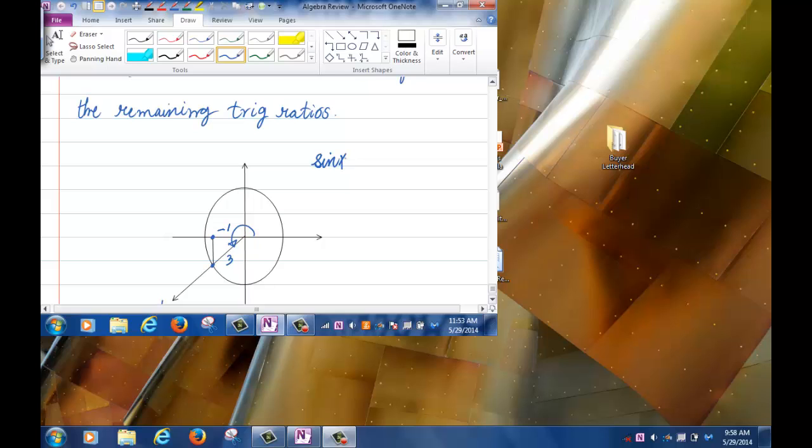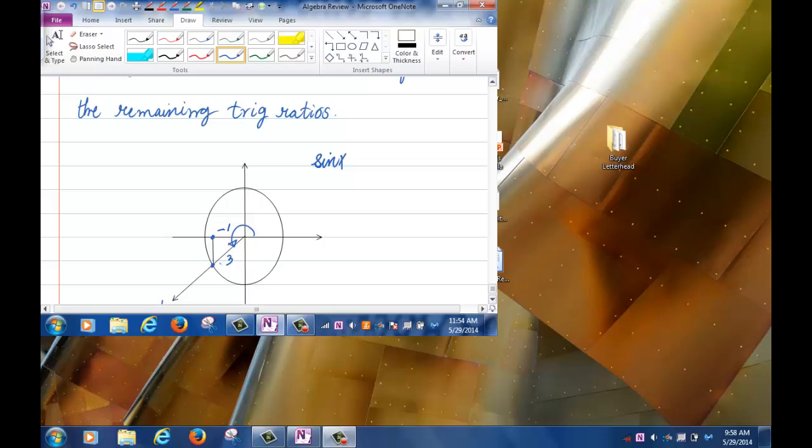Well, before I even go there, I need to know the length of the opposite. So what is the length of this side? What's the length of the opposite? I have to use the Pythagorean Theorem, right? So it will be the square of the hypotenuse minus the square of the adjacent.